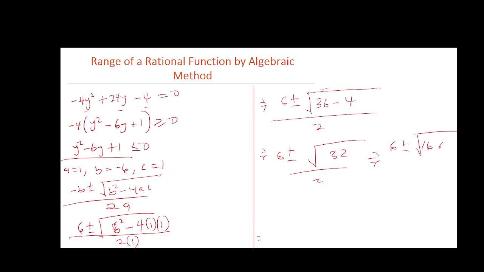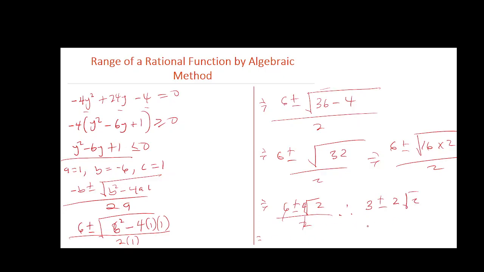So we have 16 times 2 all over 2. All right, so this will imply 6 plus or minus the square root of 16, which is 4, remaining root 2, all over 2. And therefore, for our final answer, 2 can cancel 6 and 4. 2 cancels 6 to give us 3, plus or minus 2 root 2.